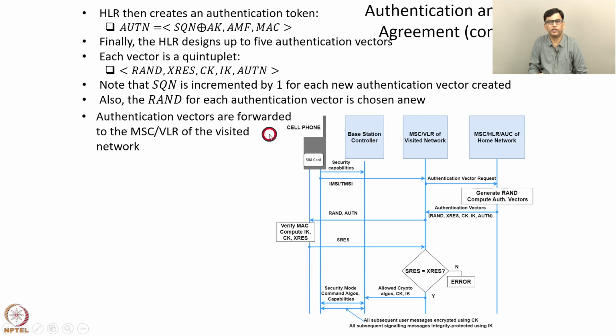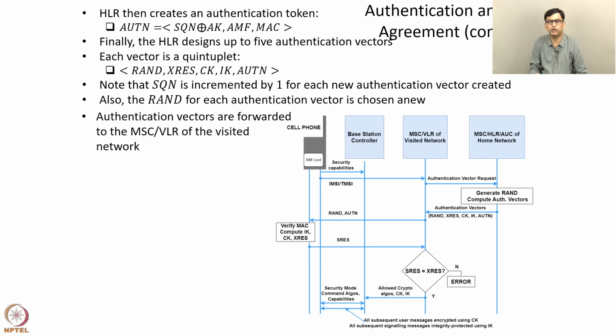Authentication vectors are forwarded to the MSC VLR of the visited network. That is shown here. These authentication vectors are sent from the MSC HLR to the MSC VLR of the visited network. Subsequently, this MSC VLR can use these authentication vectors for 5 authentication processes between the network and the SIM card.